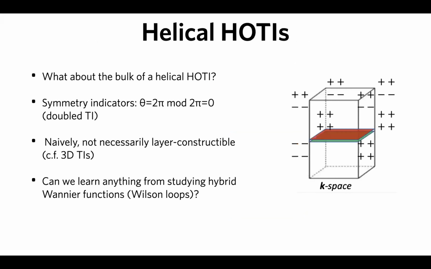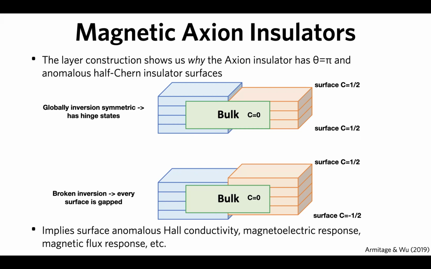So just to clarify, when you say surface, you mean literally the surface of the sample? I'll show a plot in a little bit. It's the surface of the sample, but averaged some number of unit cells into the bulk. So I really mean the surface of the sample, but not necessarily one atomic layer. It can be. So the top and the bottom of the sample would have opposite Chern number?